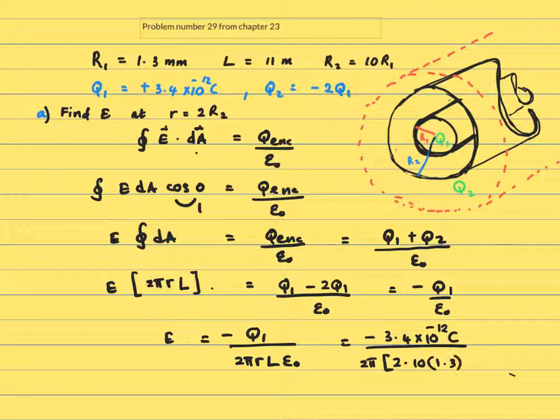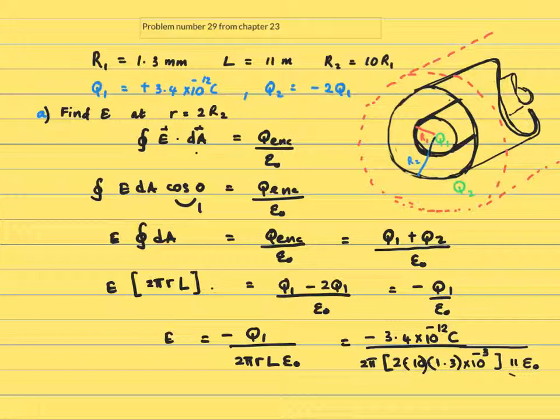I don't want the dots to get confused as decimals, so 1.3 millimeters converted into meters by multiplying by 10 to the negative 3, and the length L is 11 meters, and substitute for epsilon naught. And that is the answer for the electric field.